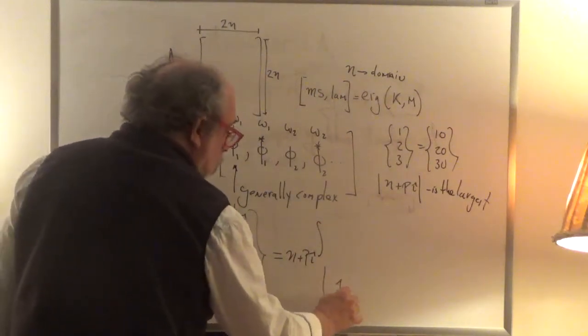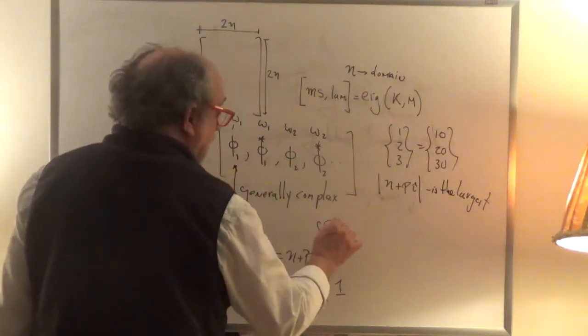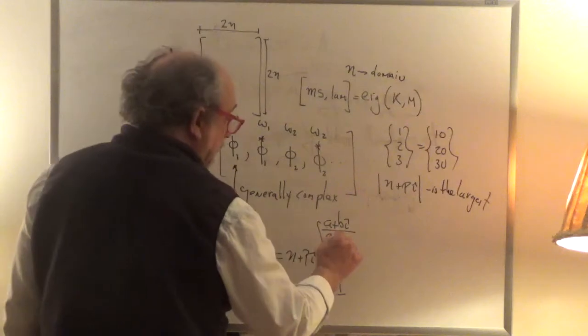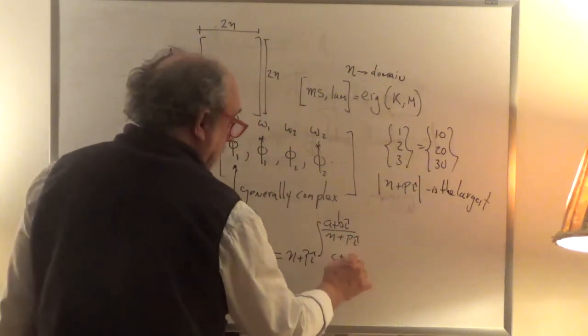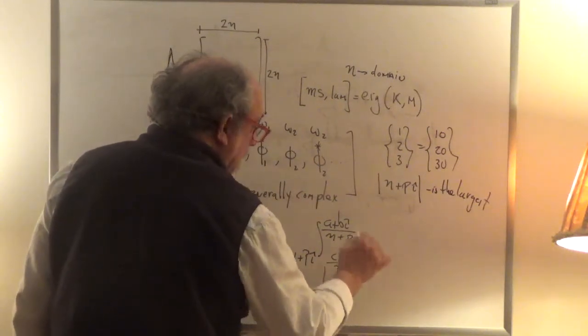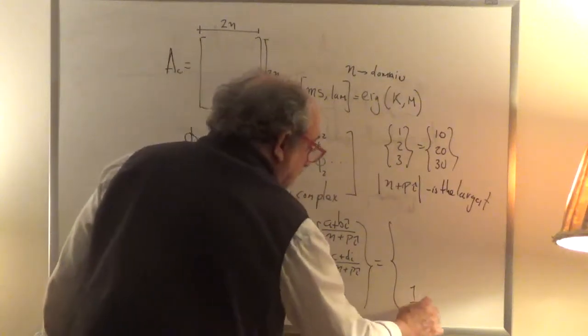And then what I get is a 1 here, right? Because I'm dividing this by itself. And then I get here a plus bi divided by n plus pi. And here we get c plus di divided by n plus pi, right? And now we have something else, right? So we have a 1 here.